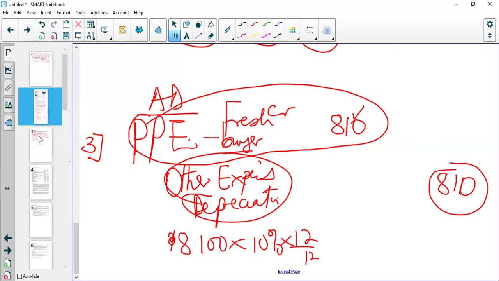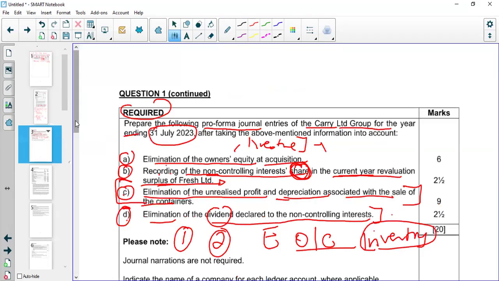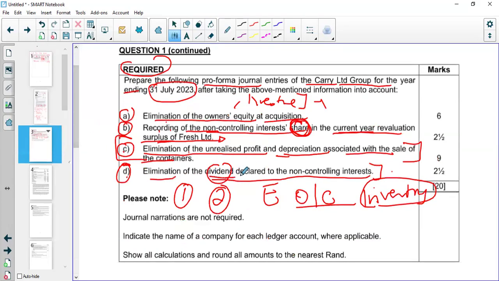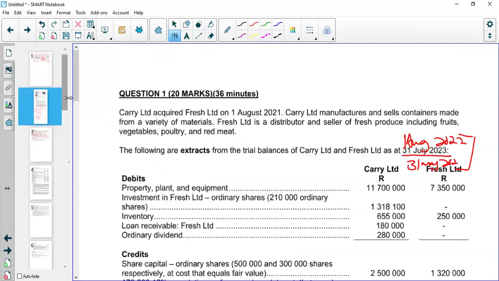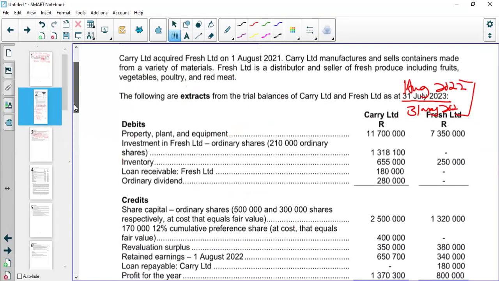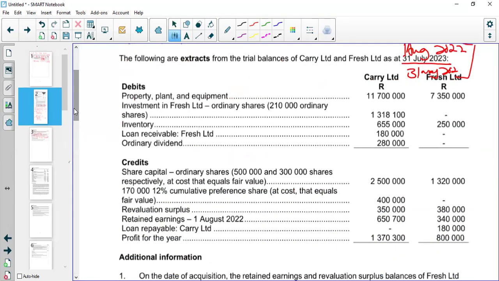Then finally, elimination of dividend declared to NCI. So dividend declared, how many dividends do we have here? Oh, by the way, we don't have preference shares. The subsidiary doesn't have preference shares.